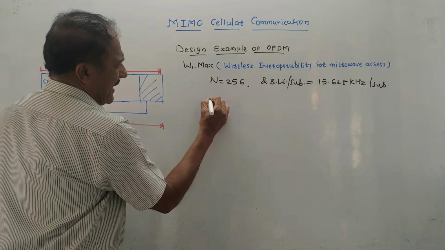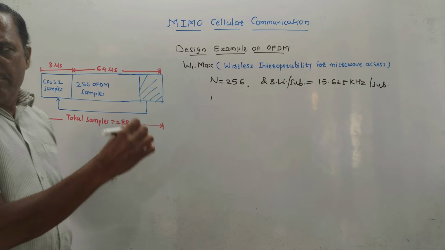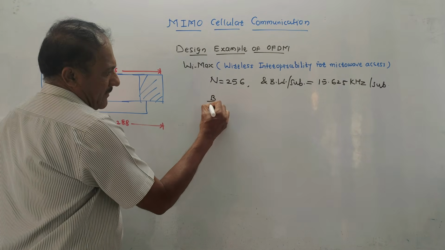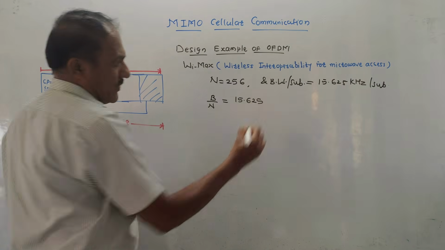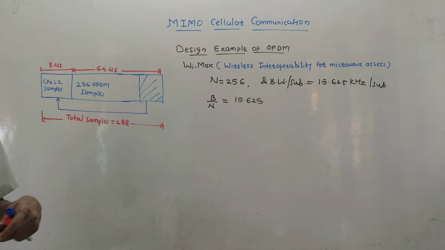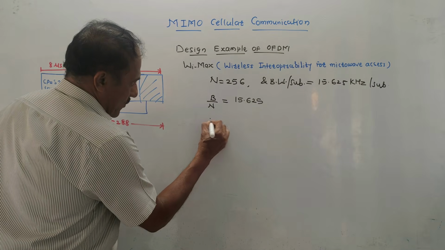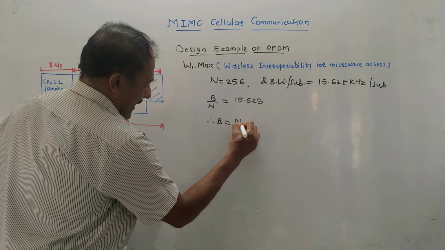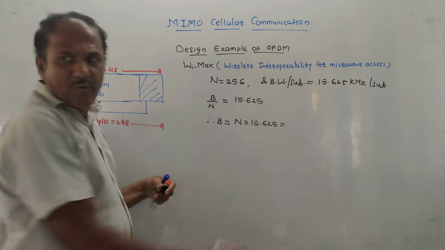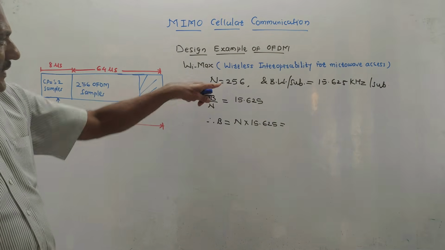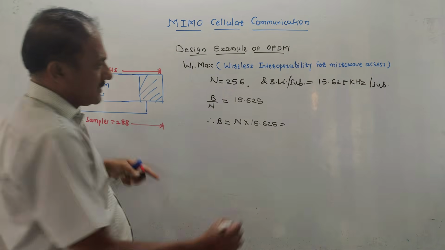So we can easily write B by N, that is bandwidth per subscriber, is equal to 15.625, and it is in kilohertz. Therefore, B is equal to N into 15.625. The value of N is 256. N is the total number of subscribers.